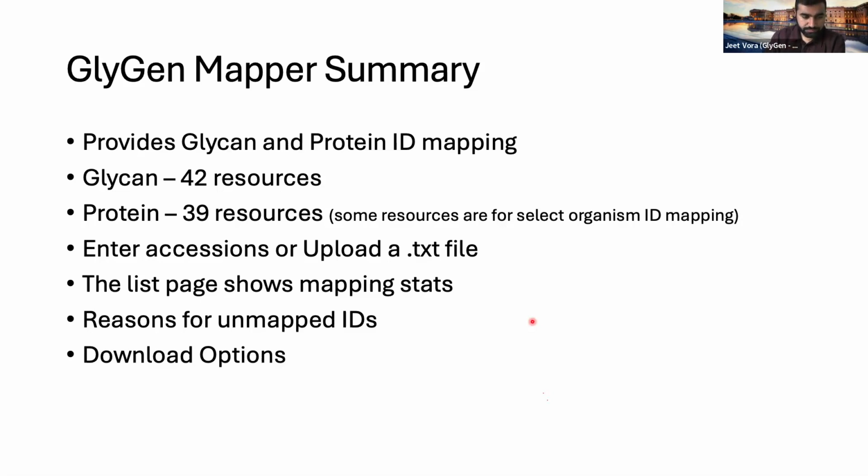You can also enter accessions in the text box or upload a text file with one ID per line. The result page provides you at a glance the stats about the mapping, and it also provides you with the reason for unmapped IDs. And the result, you can download it and work with it as you wish. So that was the GlyGen Mapper summary.